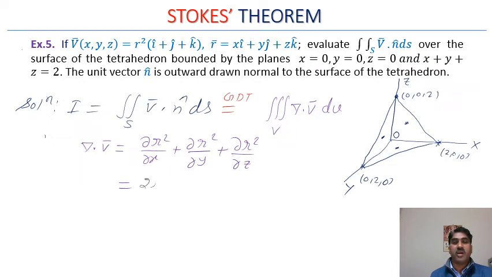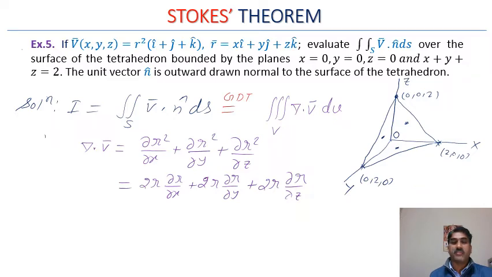So this is 2r del r by del x plus 2r del r by del y plus 2r del r by del z. And r is given by xi plus yj plus zk, as already written in the question.